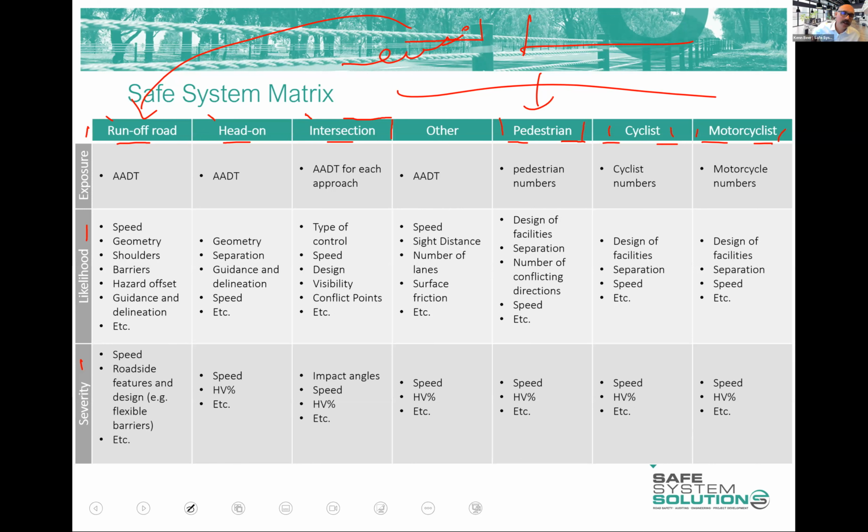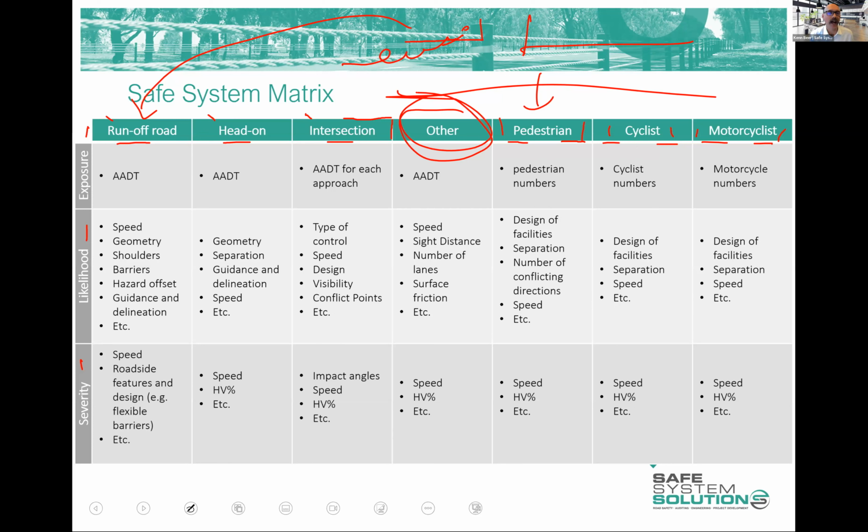Okay, so the other category here, other, is to deal with any crashes your concern may involve that do not fit into any of those other ones in a way that you're comfortable with. The most common other crash types we see are crashes with animals, side swipes with other vehicles, crashes at railway level crossings, and rear ends.